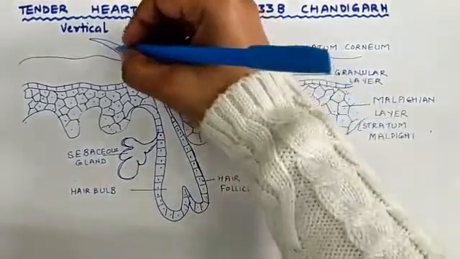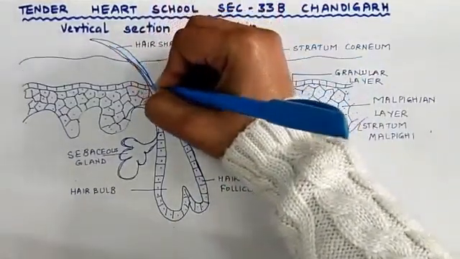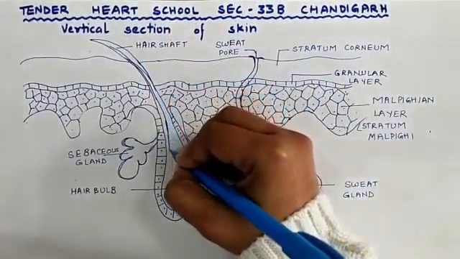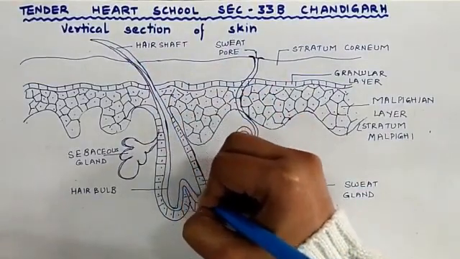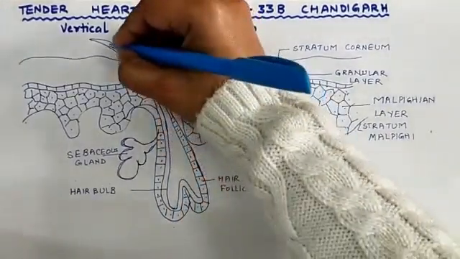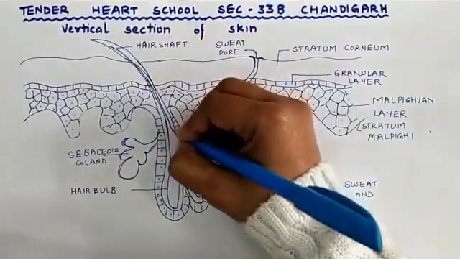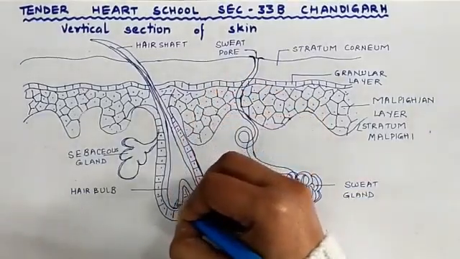Further, again let us come to the hair. Hair is present inside the hair follicle, and this is a hair follicle. So hair is present inside the hair follicle. This is the hair, you can color it out also.